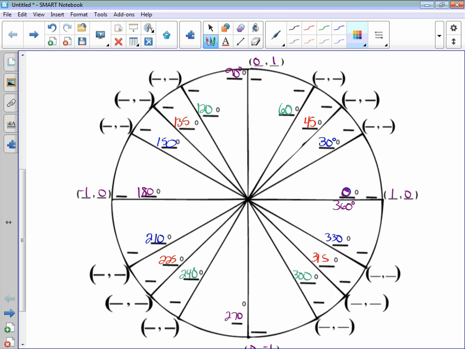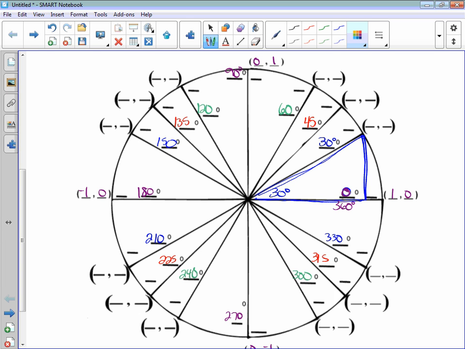Okay, now let's think about our 30 degrees here. I'm going to sketch it in. You don't have to draw this triangle that I'm drawing. I'm just drawing it so we can see how this relates to our special right triangle. So this is where the 30-degree angle is, okay? We know the hypotenuse is 1.